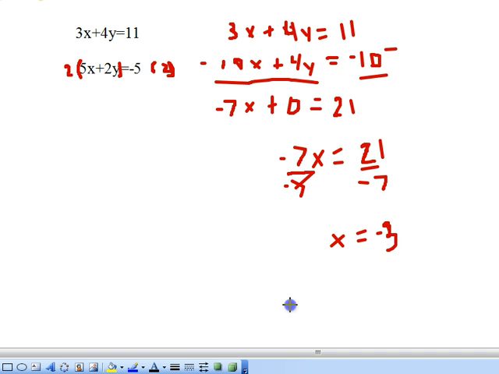Okay, that is the first part of your solution. So your x value for your solution is negative 3. Now you just need to find your y value.